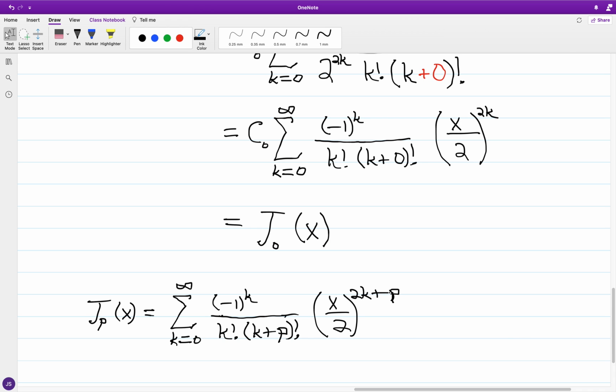You have -1 to the k, k factorial, and if p is 0, you have x over 2 to the 2k power. So that'll be the result in this particular case, and that'll be your solution where you have the Bessel function of order 0.